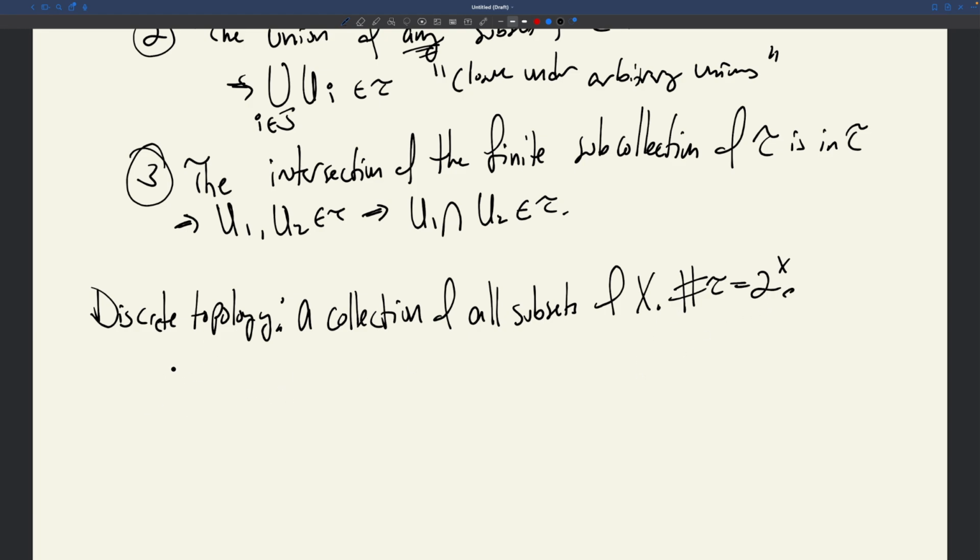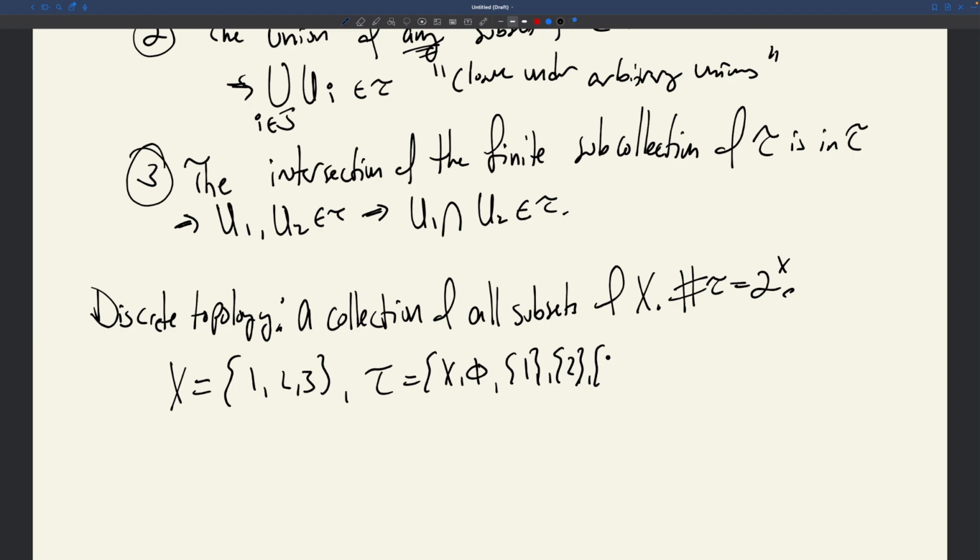So that means if we have X equal to {1, 2, 3}, then the discrete topology of X is going to be, first off, X and phi, those are always going to be included according to our rules. {1}, {2}, {3}, and likewise {1, 2}, {1, 3}, {2, 3}, and that's all.